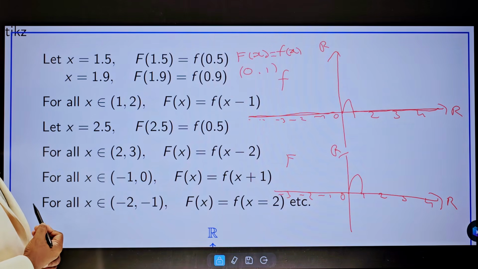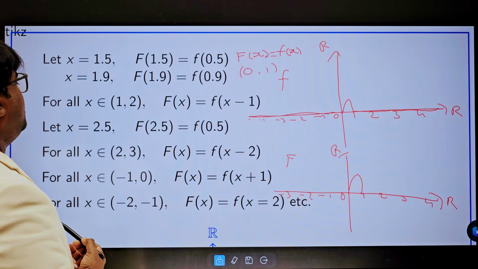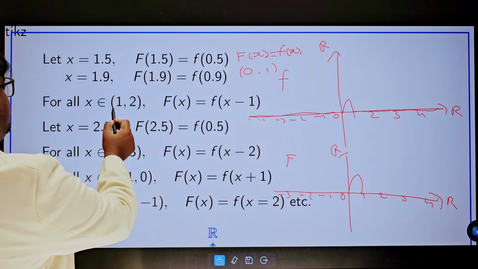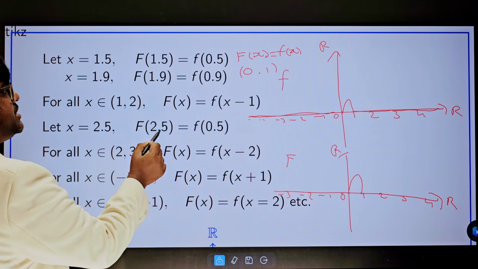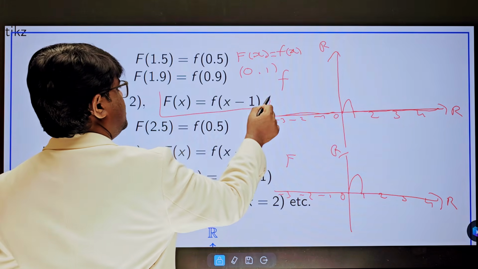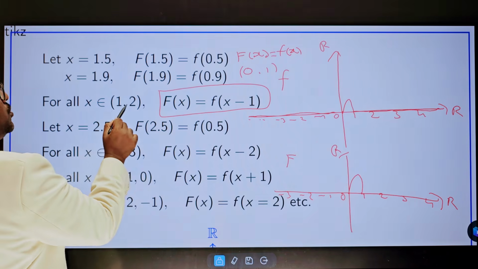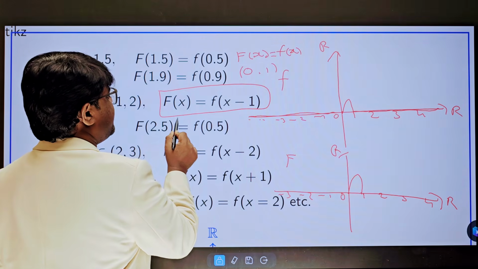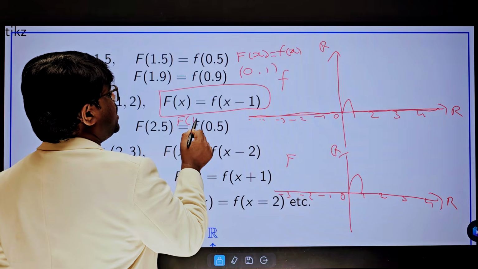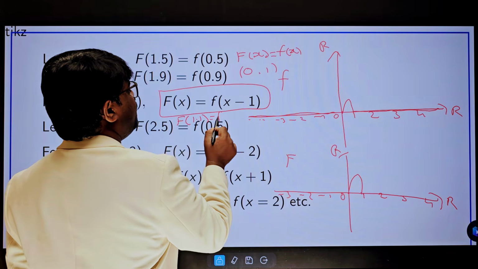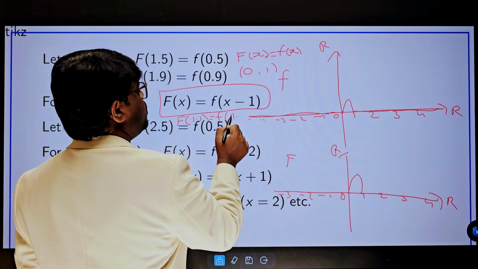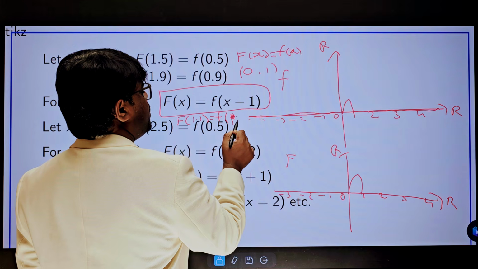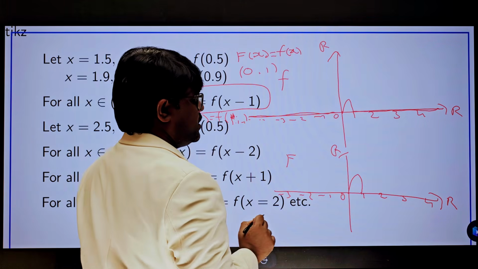Now, put x equal to 1.1. Here, what is the general relation? For 1 to 2, put x equal to 1.1, that is F of 1.1 equal to f of 1.1 minus 1, that is 0.1.